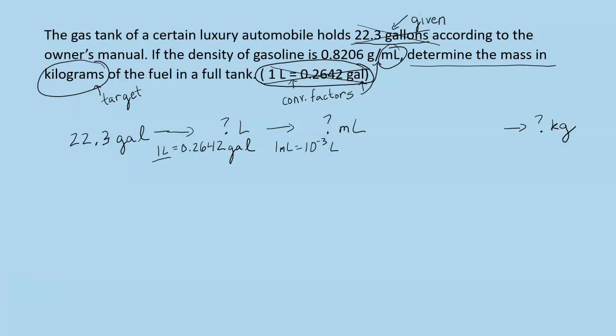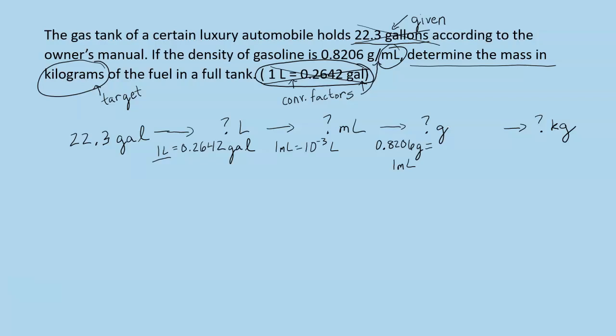Okay, now that I'm in milliliters, then I can use that last conversion factor that I'm given in the question, which is the 0.8206 grams equals 1 milliliter. I'll have to write this underneath. So this is definitely a long multi-step dimensional problem. Okay, that conversion factor, rewritten as an equality, has the milliliters, and then the other unit inside are the grams. So this is going to take me from milliliters to grams.